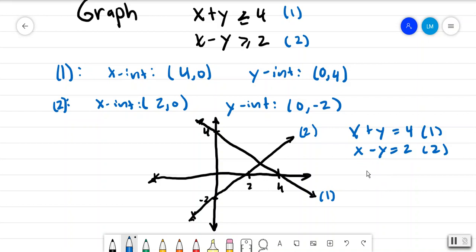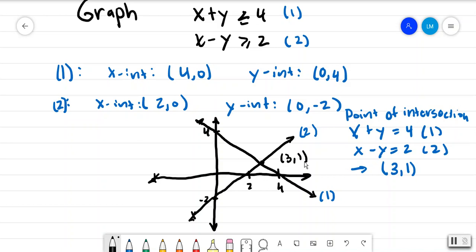If you use elimination or substitution, you're going to get that the ordered pair they pass through is 3 comma 1. You can find that using your calculator, the elimination method, or the substitution method. The main thing is that you want to make sure that they actually do intersect, because if they don't, there really wasn't anything to do. So that's 3 comma 1.